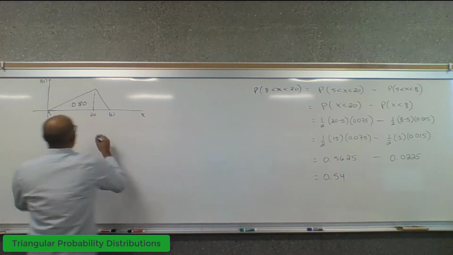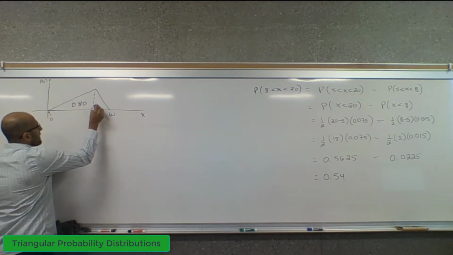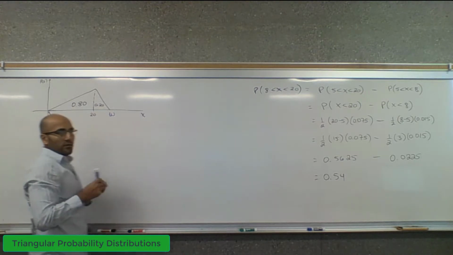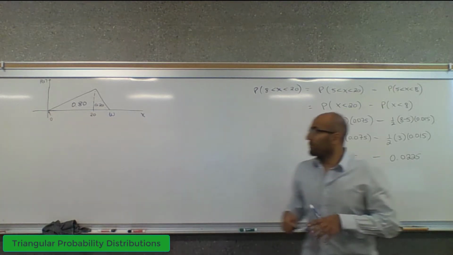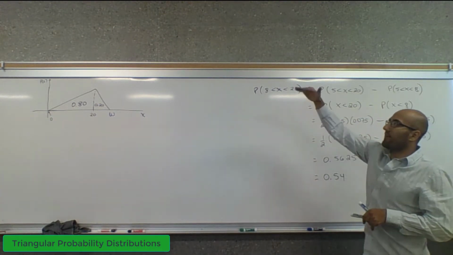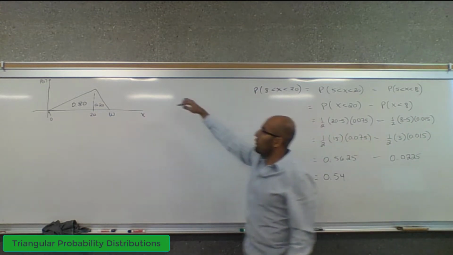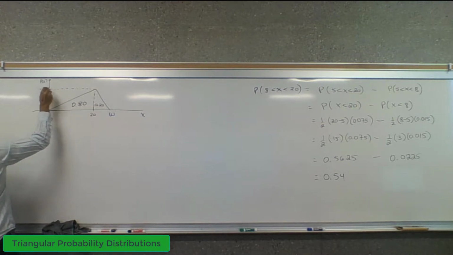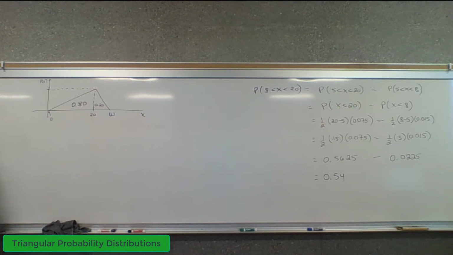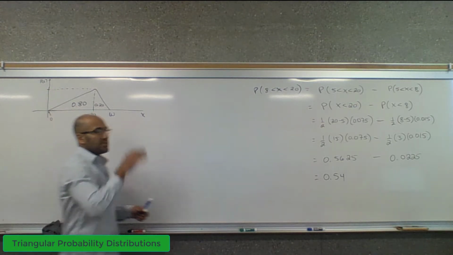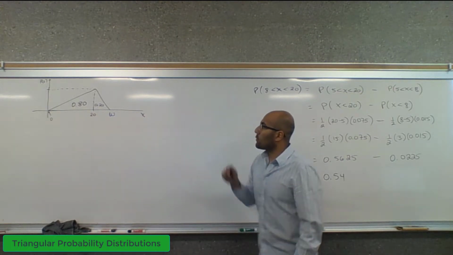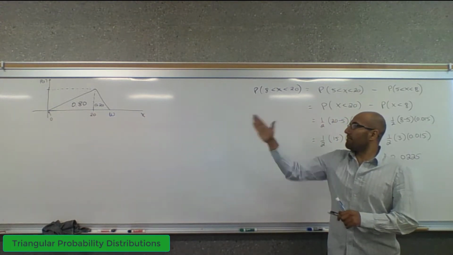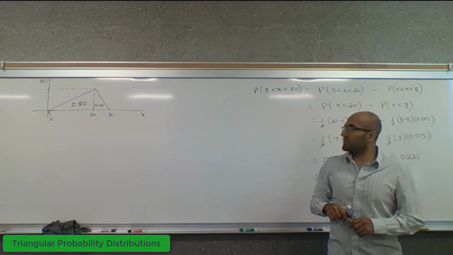So I can conclude that this must be 20% over there. Okay, so now I also need to find a height. I need to know what this value here is that will make that whole thing work out, so that the area inside that triangle is equal to 1 given the values along the horizontal axis.